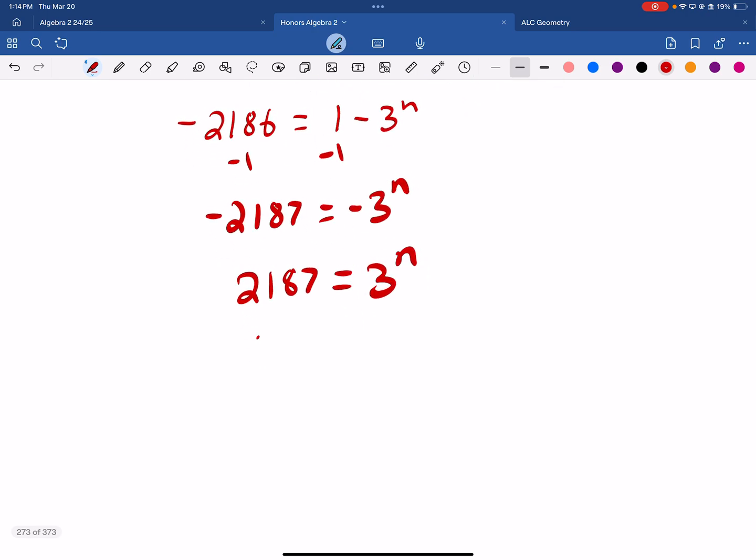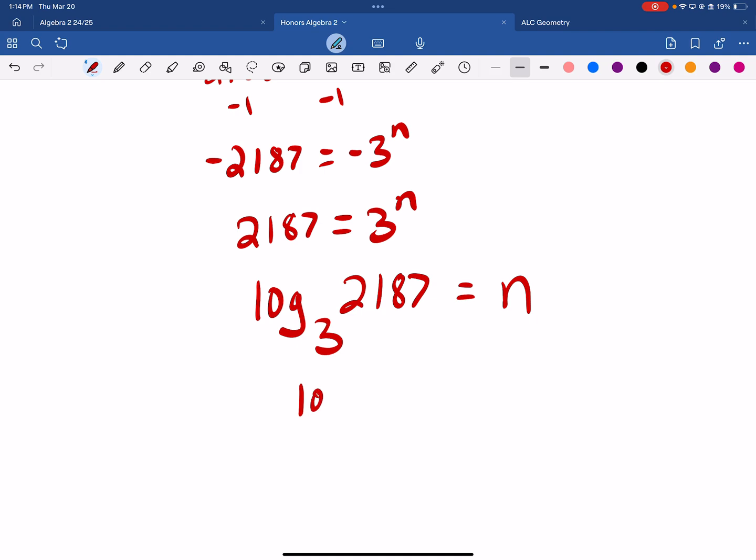Logarithmic form. Log base 3 of 2,187. That's going to equal our n value. Whoa. Change of base formula. The log of 2,187 divided by the log of 3.